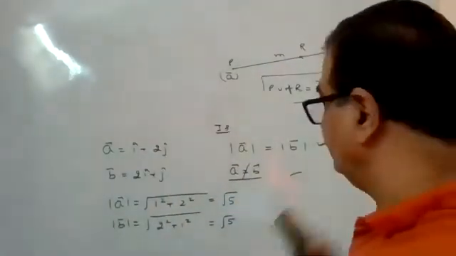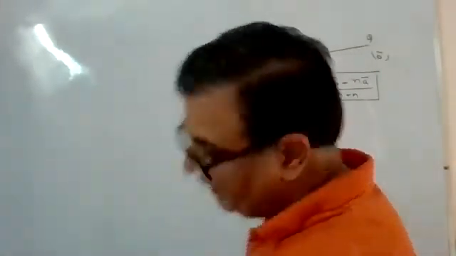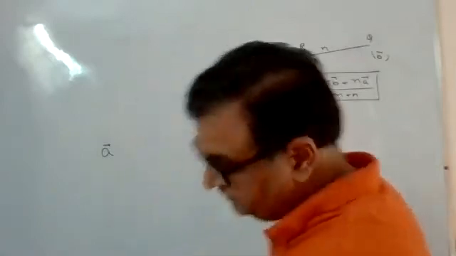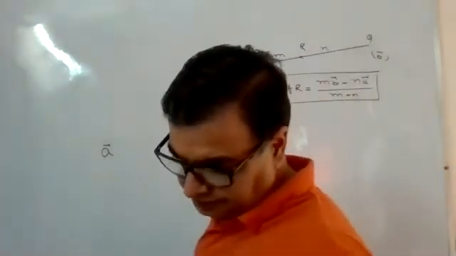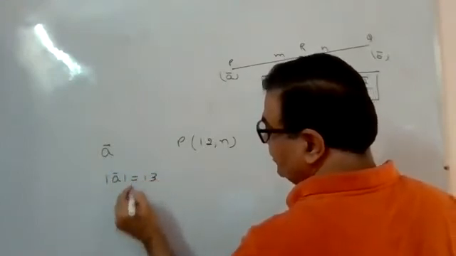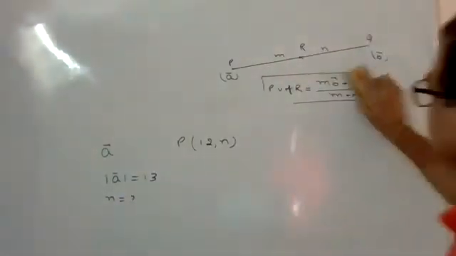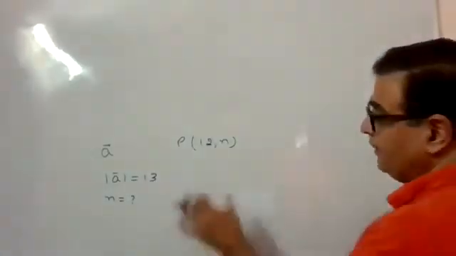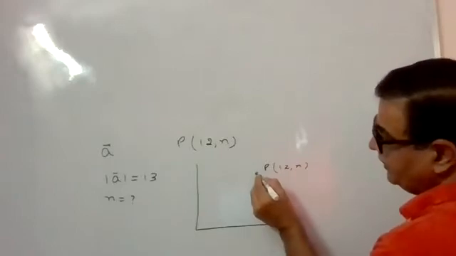If the position vector A, this is the position vector of a point P, that is 12 comma n, is such that the magnitude of A is 13, then we should find out what n should be. The question says A is the position vector of some point P. You have point P, the coordinates are 12, n.